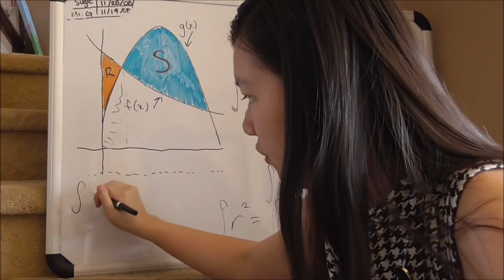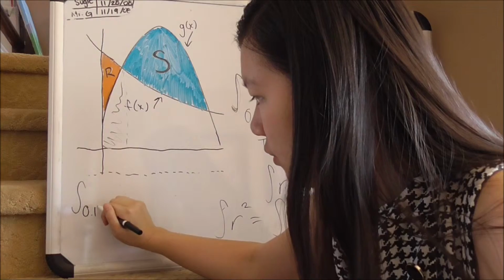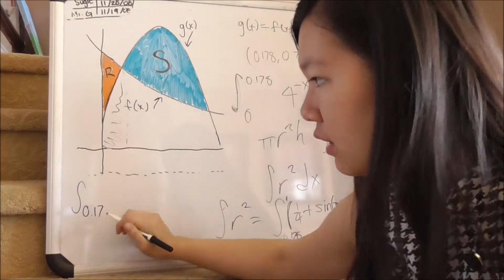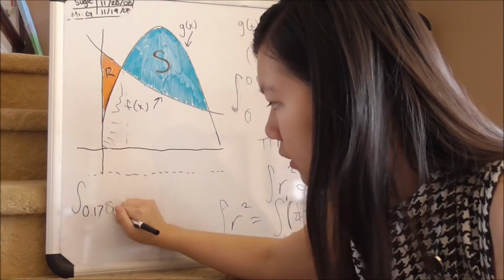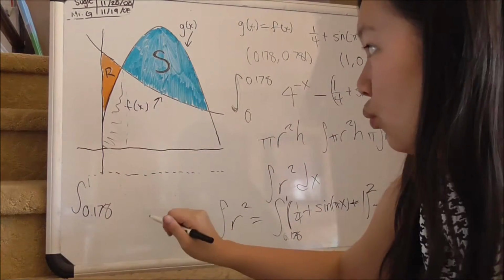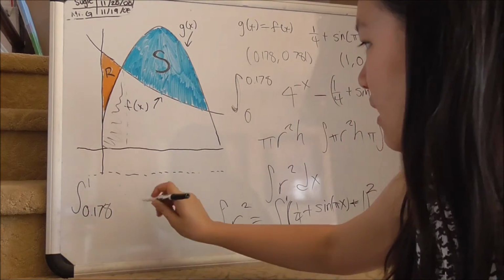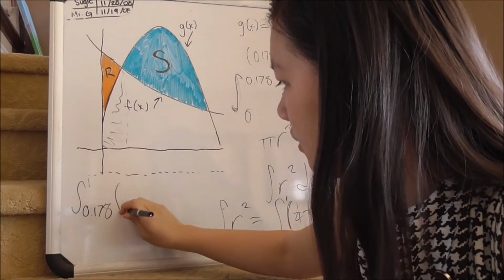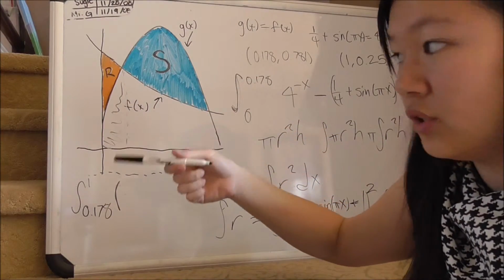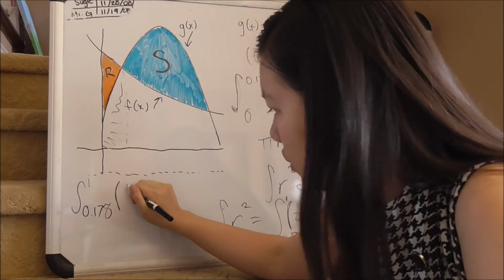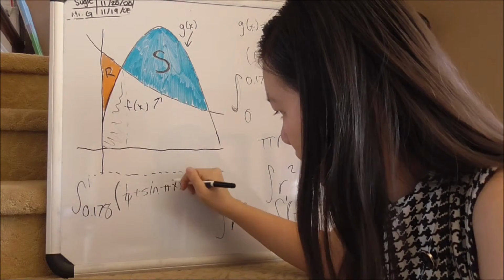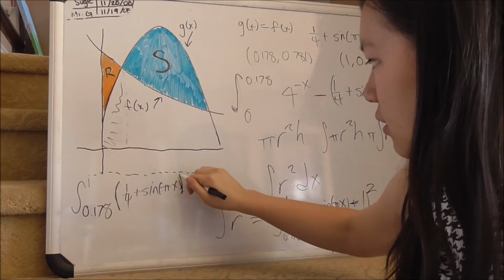So integral squiggly friend, bottom or left from which you take the integral, 0.178, and your end point is 1, because AP test makers are friendly this time. Then you take the top equation, which is 1/4 plus sine pi x, parens.